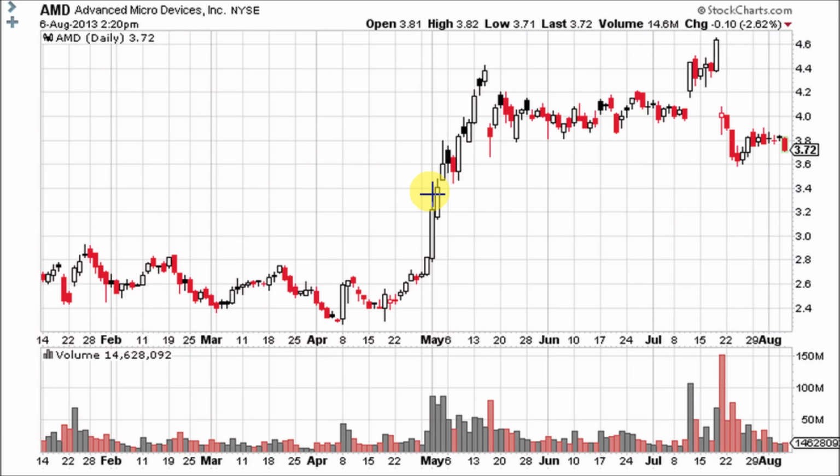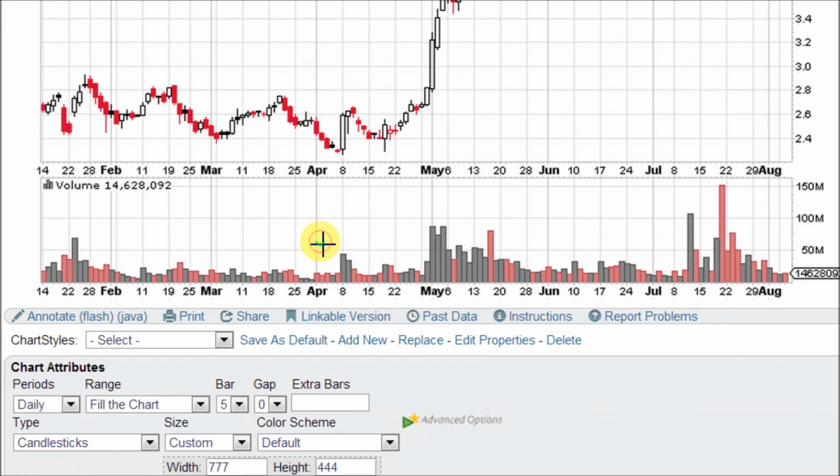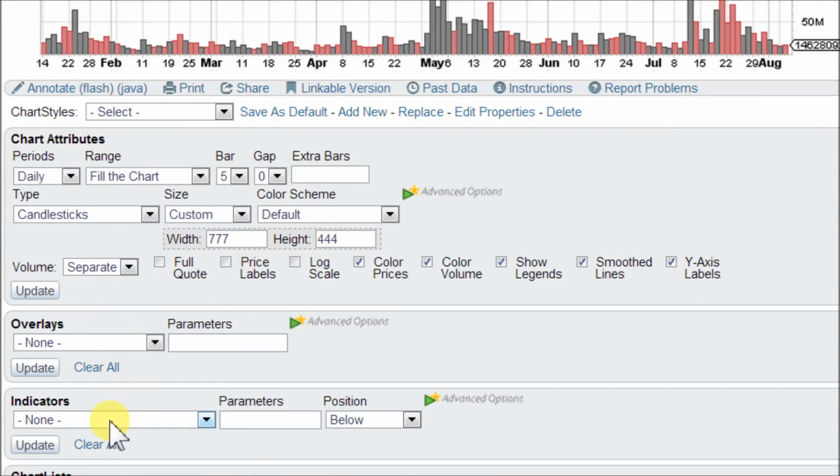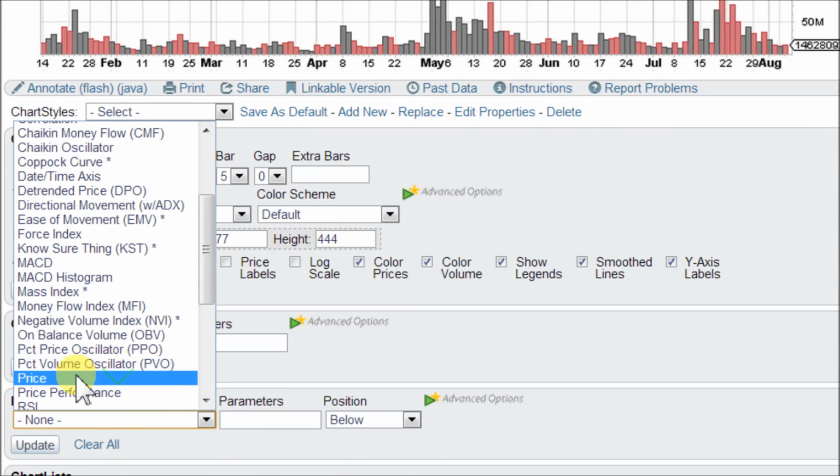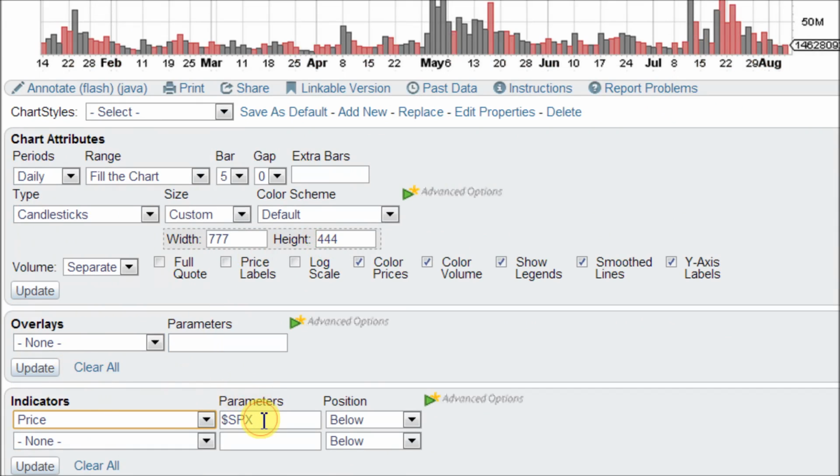Now let's say you're trying to find a stock that tracks the XLK technology sector. So what you would do is scroll down here, and in indicators, first of all, load the price. So we don't want the S&P 500, we want XLK here.